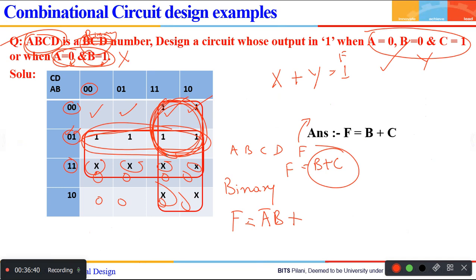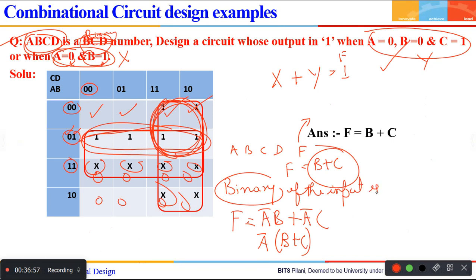What is common between these two? A bar C. You can bring A bar outside. This will be B plus C. And this is the case if the input is binary. Have you understood this now?